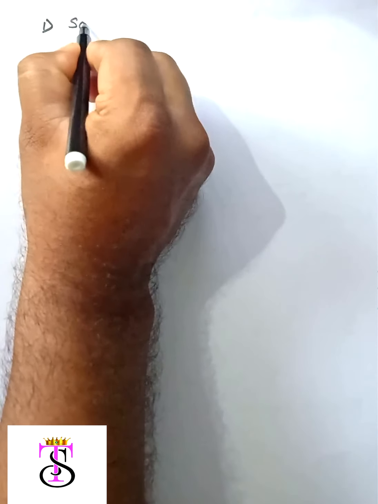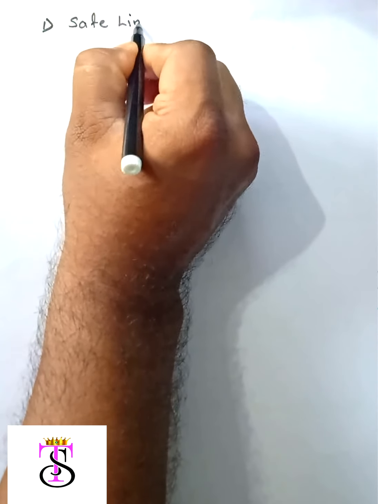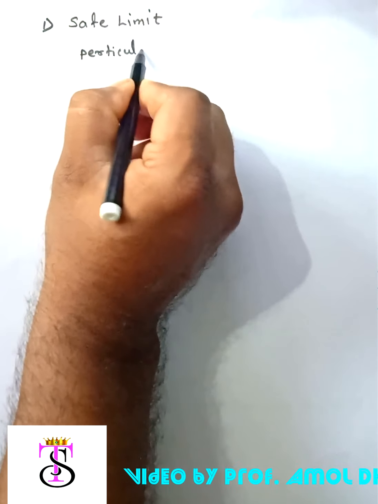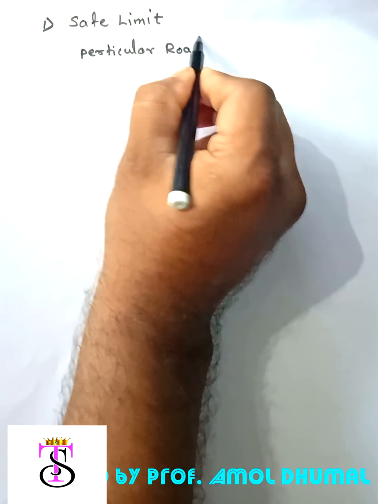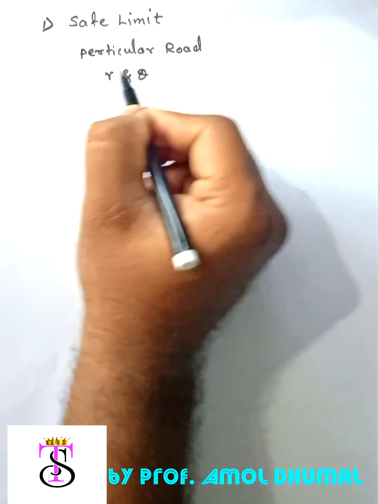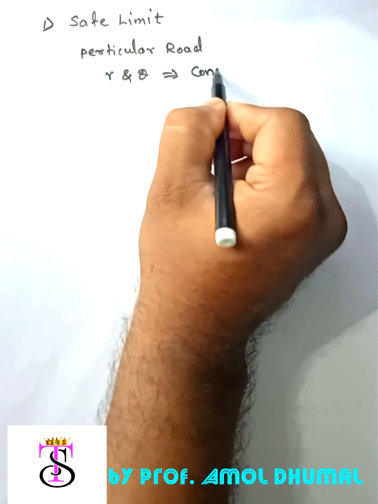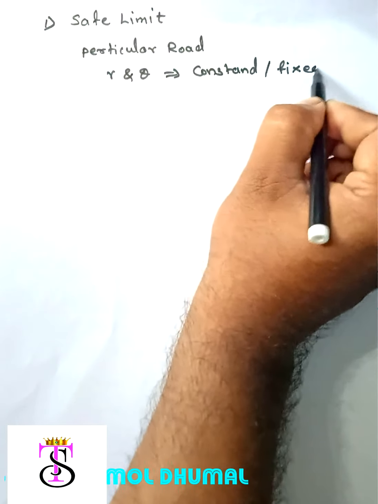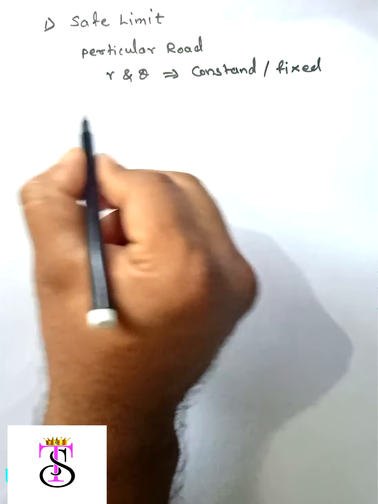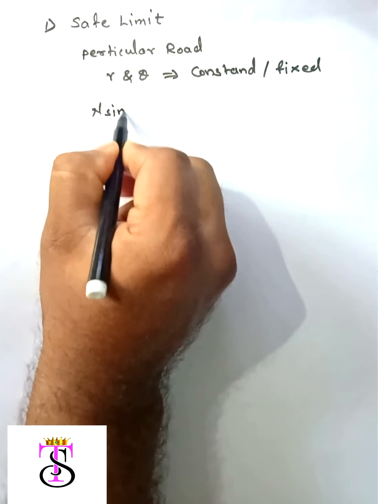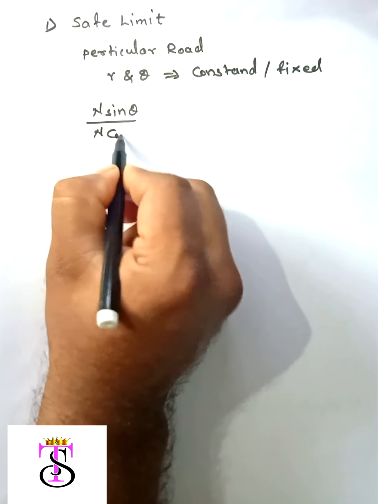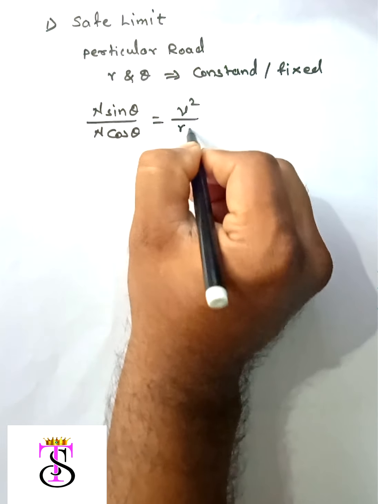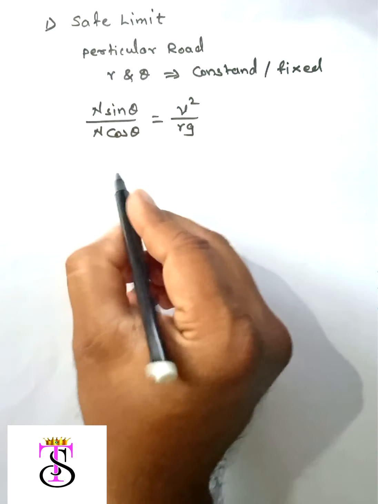First we will find out the safe speed. For a particular road, the values of r and theta are constant or fixed. So from our equation, n sin theta upon n cos theta is equal to v square upon r g.